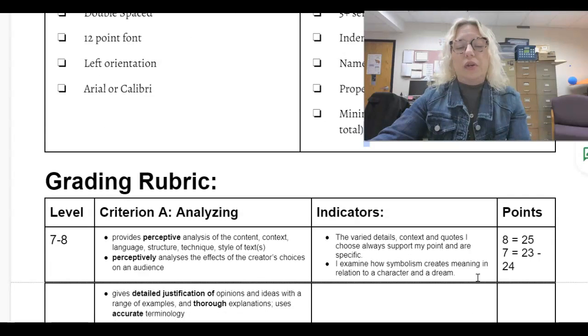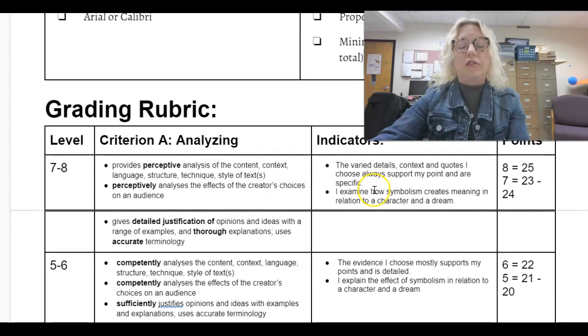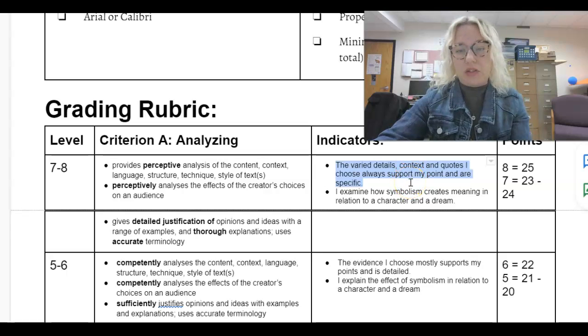All right, now here is the real important stuff on how to get an A. Take a look at the indicators for criterion A. The varied details, varied means different details, context and quotes I choose always support my point and are specific.